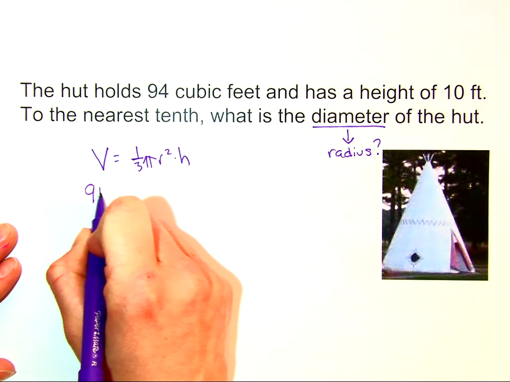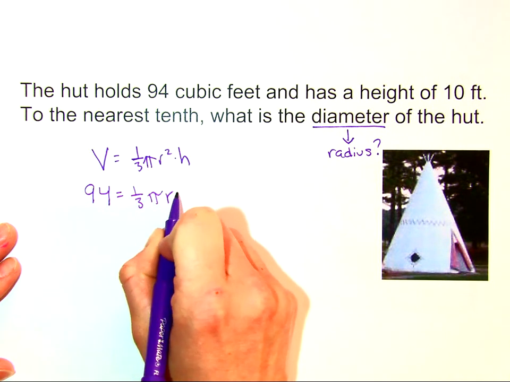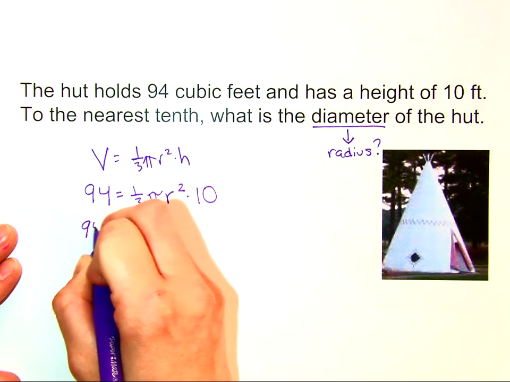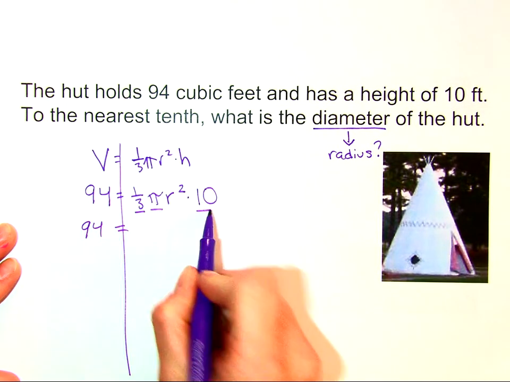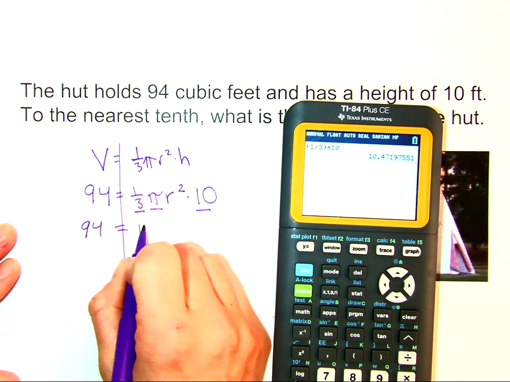Volume's 94 cubic feet. We're finding radius first. My height is 10. Okay. So I'm going to combine my 1/3, my pi, and my 10. 1/3 times pi times 10 gives me 10.5.